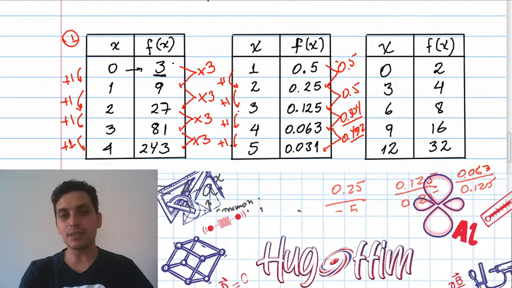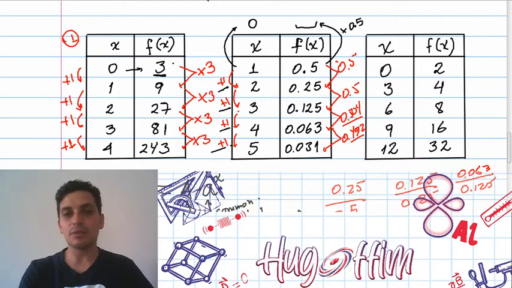If this is increasing one by one, it means that if I move up, I will get x equals 0. And if I move up, I will get a number that, if I multiply it by 0.5, I'm going to get 0.5. So what is the number that multiplied by 0.5 gets you 0.5?